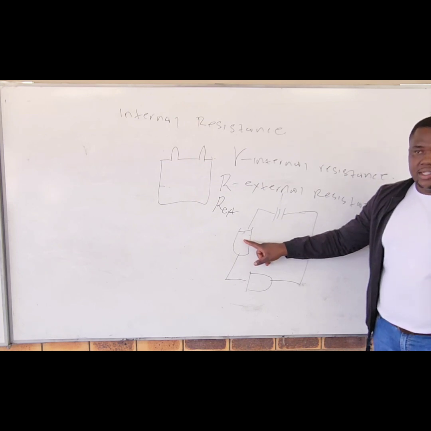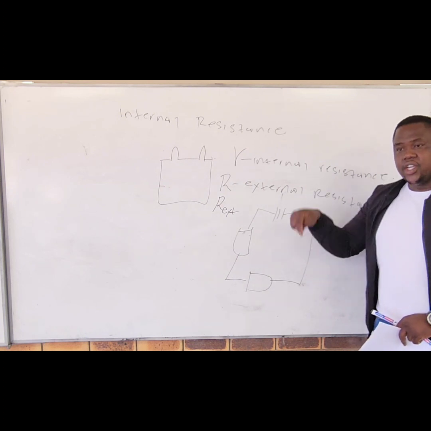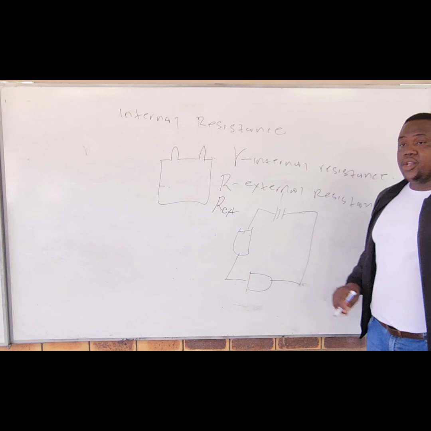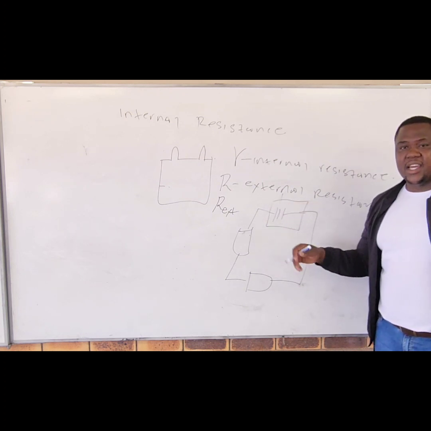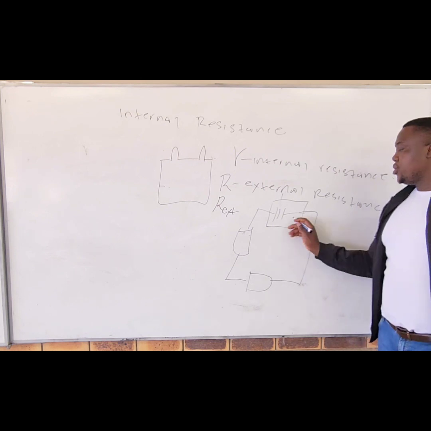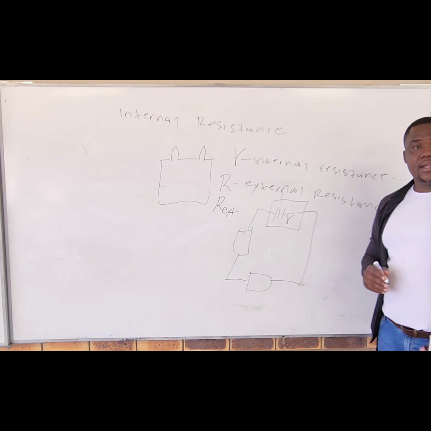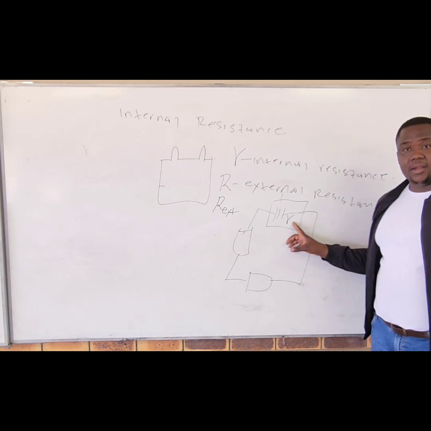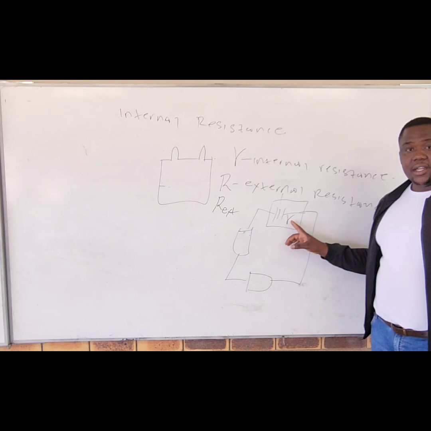Internal resistance is the resistance which is inside the battery itself. They usually represent it by drawing a box and writing a lowercase r, a small letter r, which represents the internal resistance.